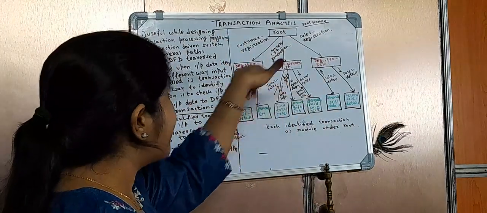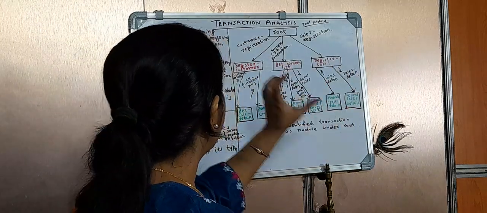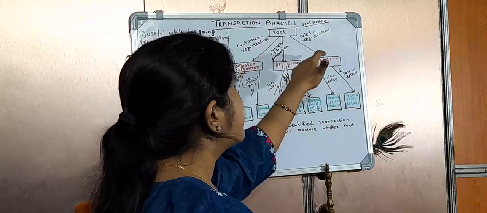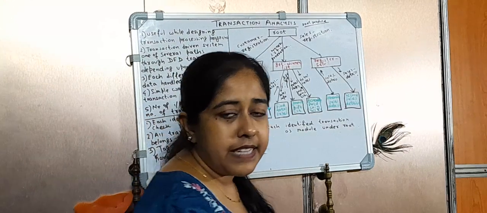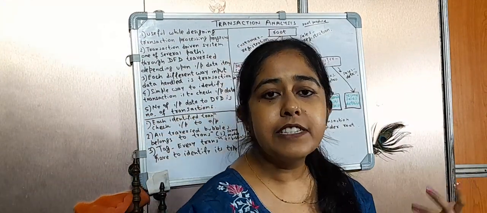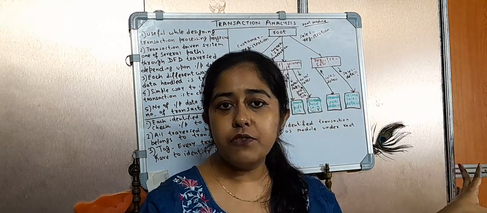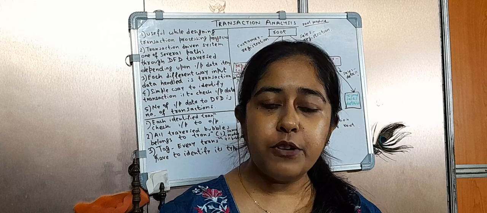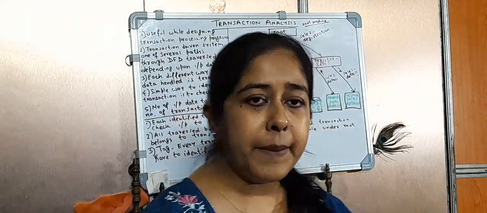Again, in a transaction driven system, which of the several paths through the DFD we take depends upon the input data item. What is your input data item? In this kind of analysis we basically see the main input. In the previous transform analysis, we were working with input, output and logical processing. Here we will work with the input data item, that is your main point.